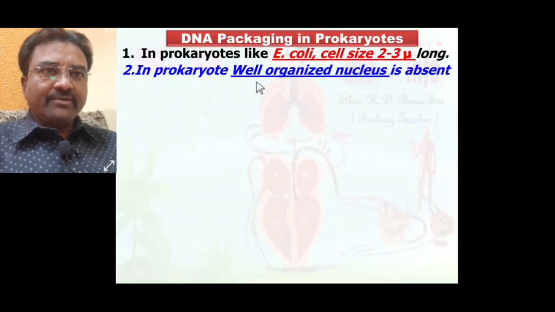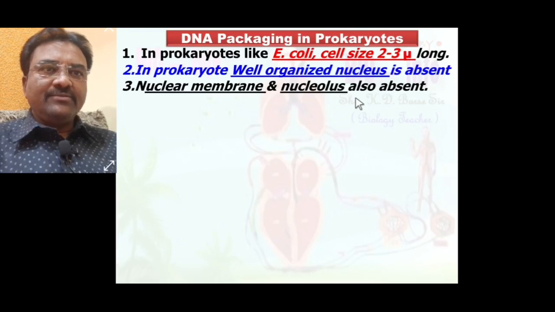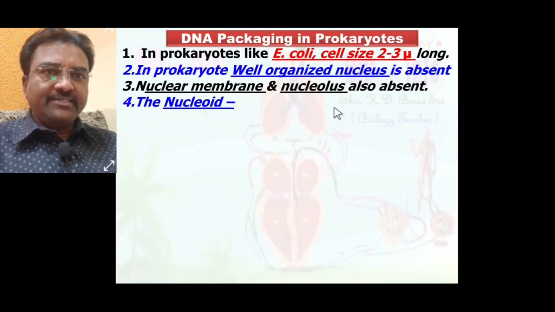In prokaryotes, a well organized nucleus is absent. Nuclear membrane and nucleolus are also absent. You know that the prokaryotic cell has no well organized nucleus, nuclear membrane or nucleolus.